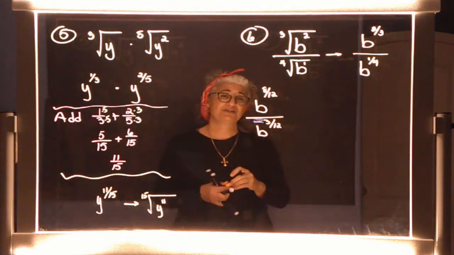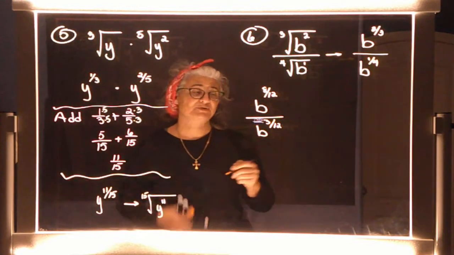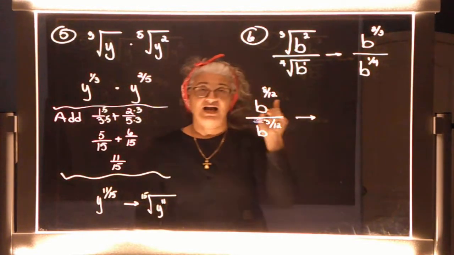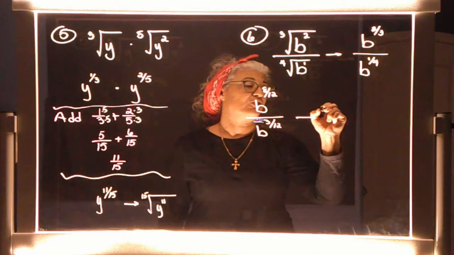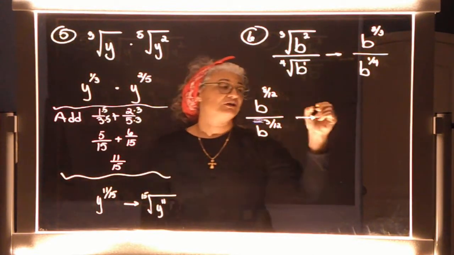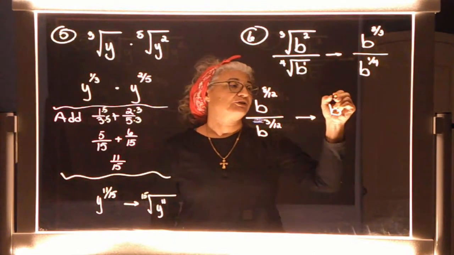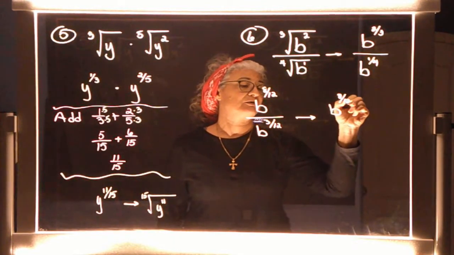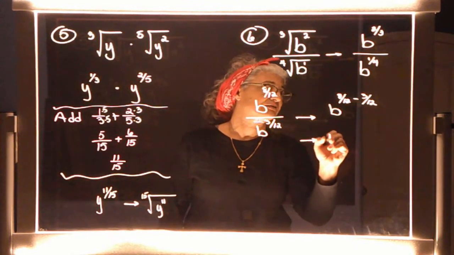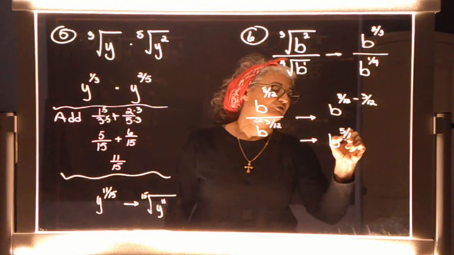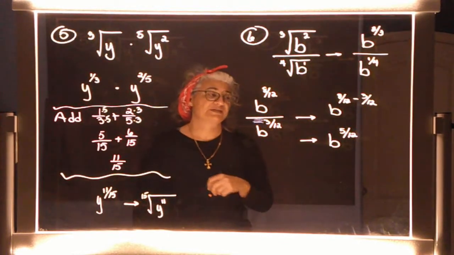Okay, now I know the order in which I'm supposed to subtract. I'm going to take the top one minus the bottom one, right? So my leftovers go in the numerator. And I have 8/12 minus 3/12, which would give us 5/12. And I can't reduce that.